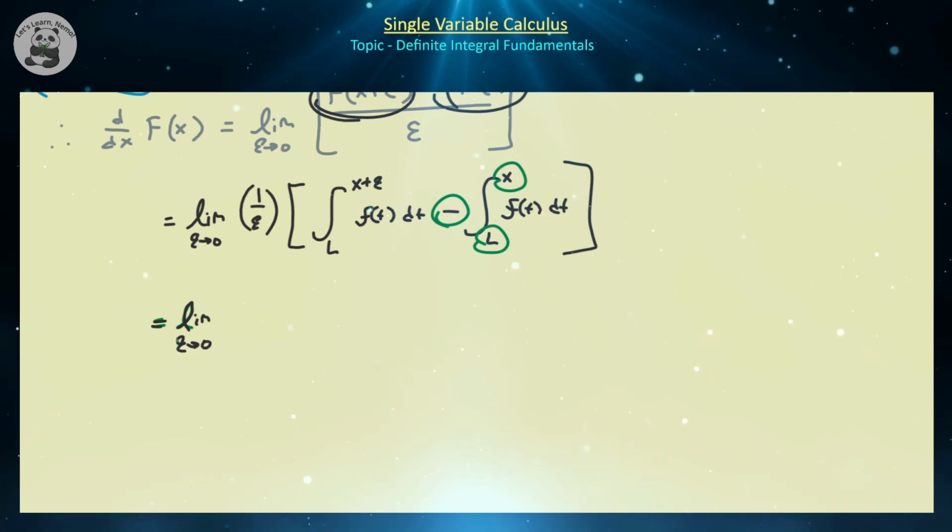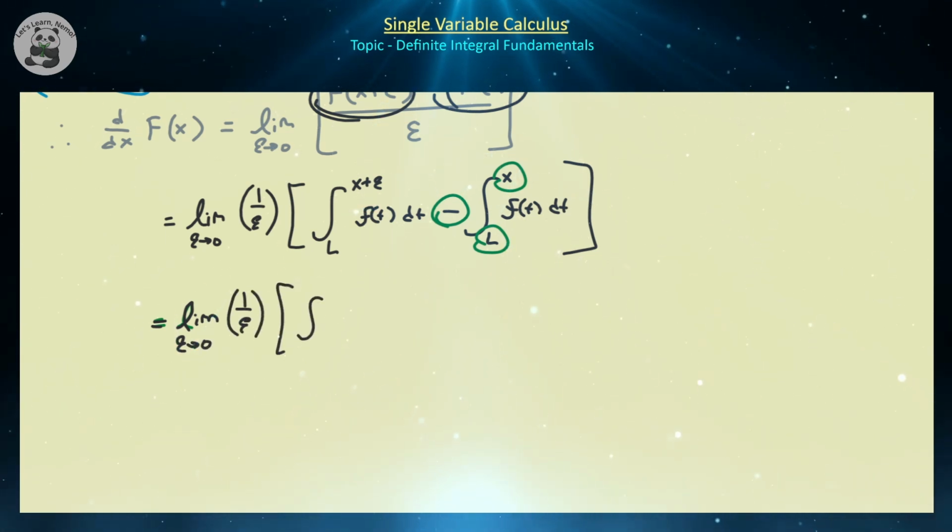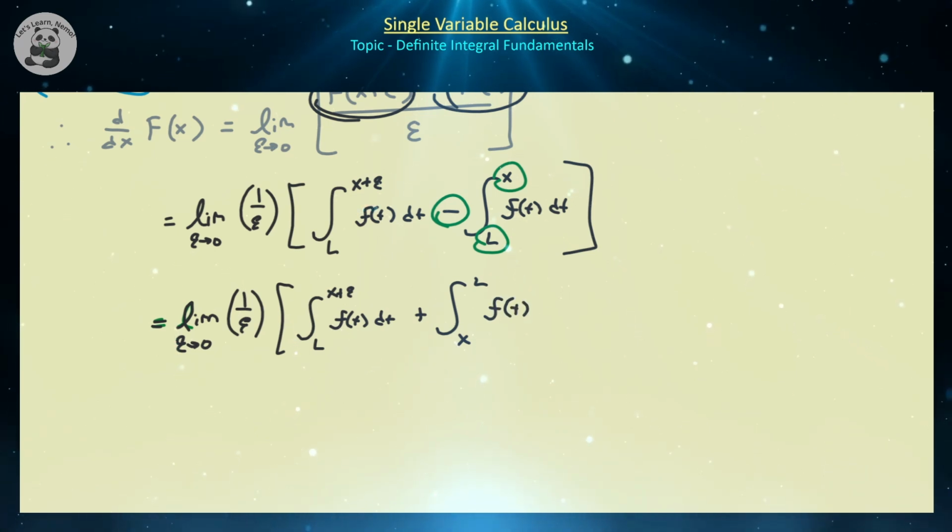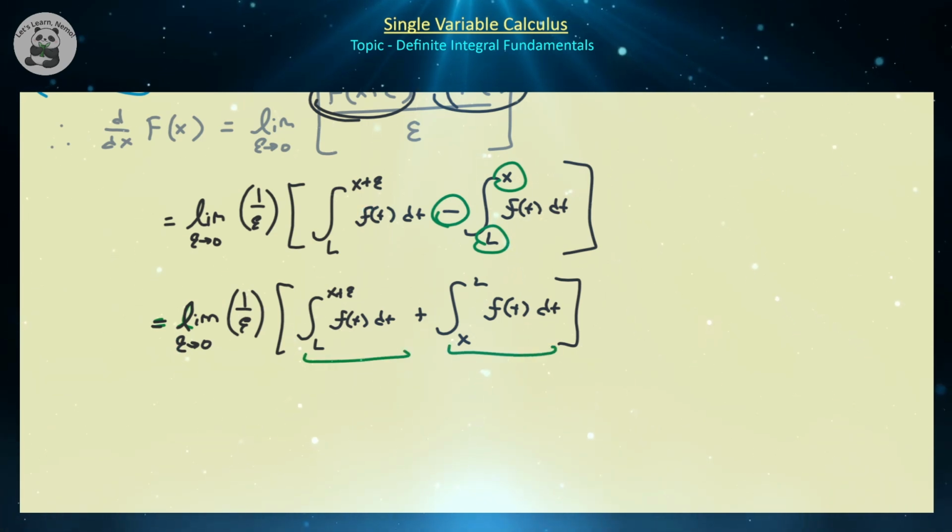So I have the limit as epsilon goes to 0 of 1 over epsilon. And then we're going to have the integral from L to x plus epsilon of f of t dt plus the integral from x to L of f of t dt. And again, since these are real numbers, I can exchange these around this addition sign.